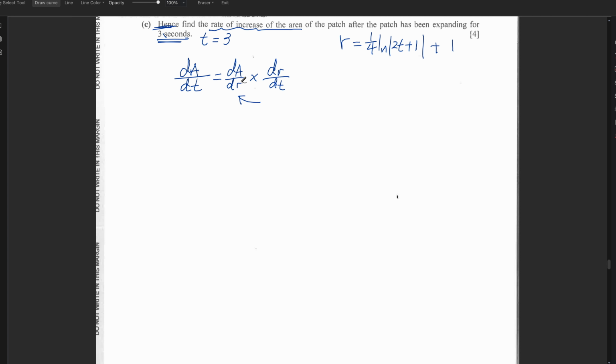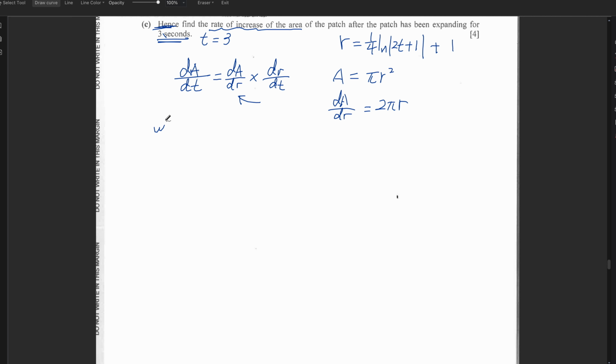Now let's tackle dA/dr. We have to formulate the formula between A and r, right? You know the area of a circle is pi r squared. So dA/dr is going to be 2 pi r.